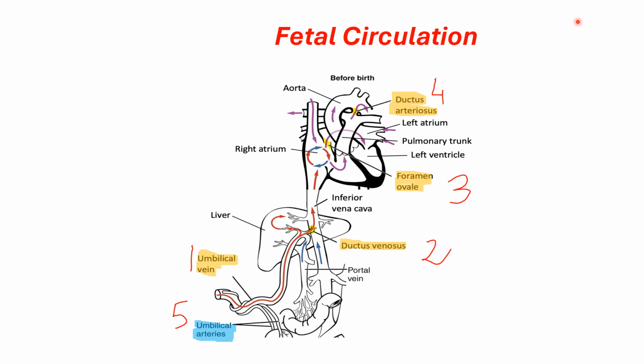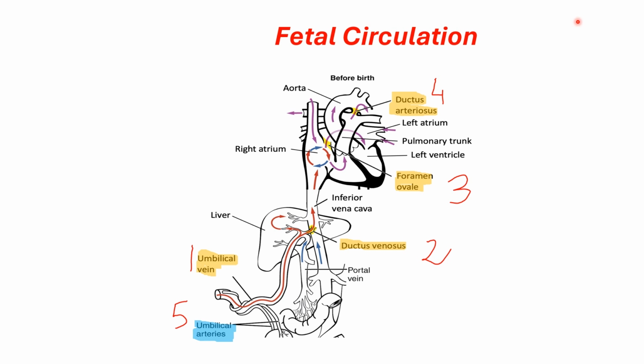The deoxygenated blood from the superior vena cava, which delivers blood from the head and upper limbs, enters the right atrium and then flows into the right ventricle.